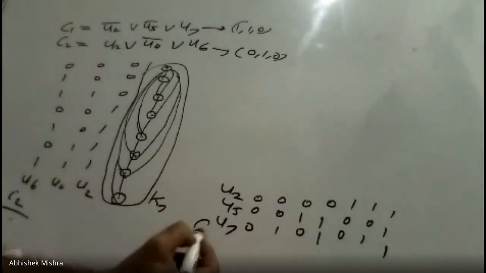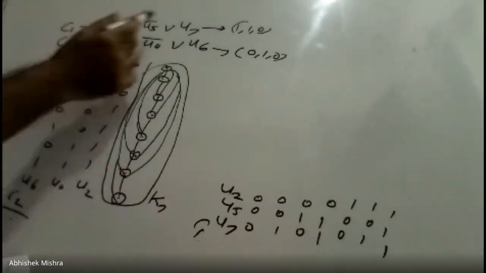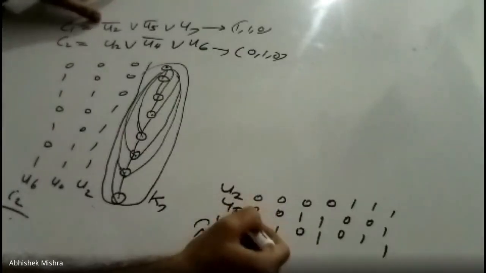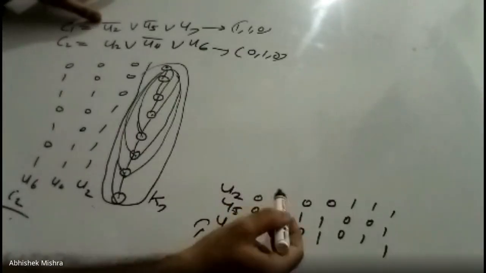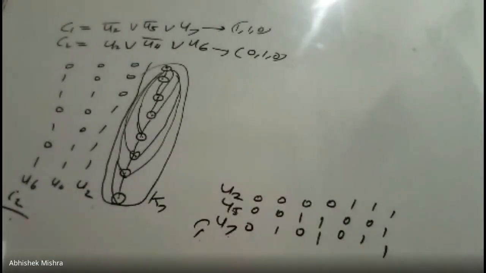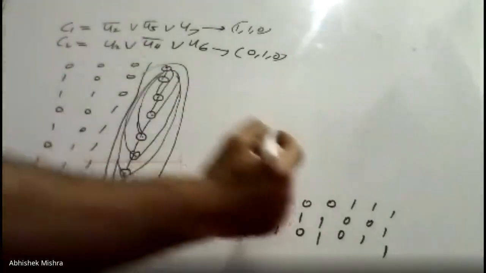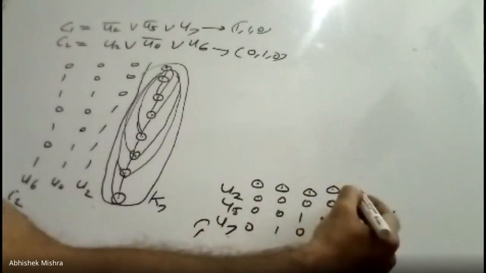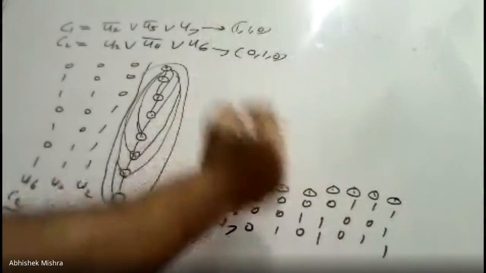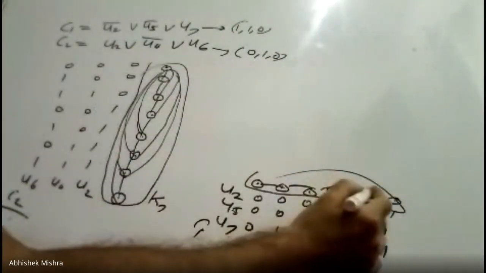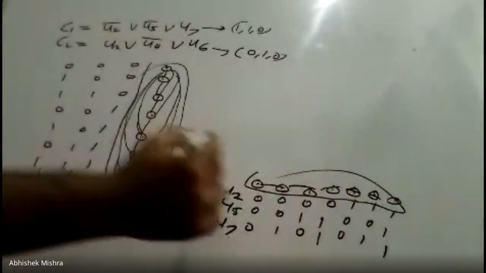This is for C1. For C1 we can see that for U2, U5, U7, the assignment 1 1 0 is missing. So for all satisfying assignments, we have one vertex like this, and again this is a complete graph, a cluster K7.